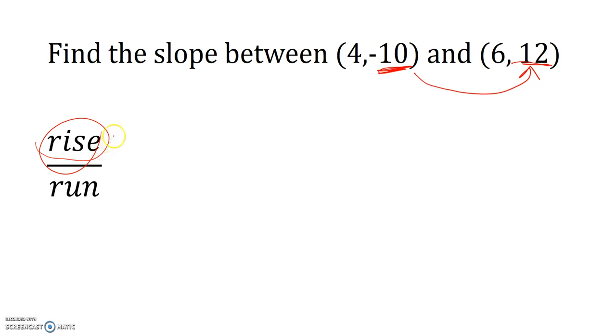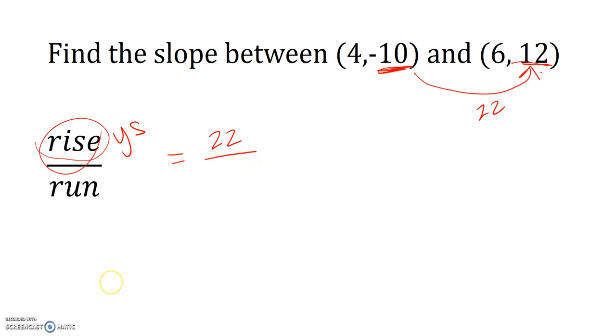Those are my y values. So if I'm going from -10 to 12, those 2 numbers are 22 apart. And since I'm going from negative to positive, they're getting bigger. So I rise positive 22.